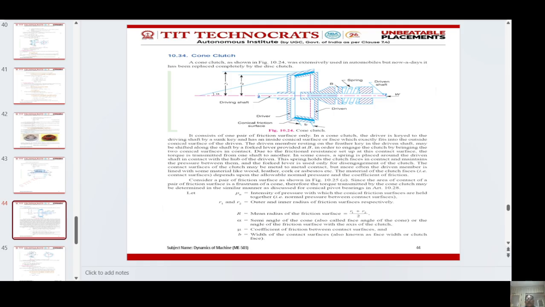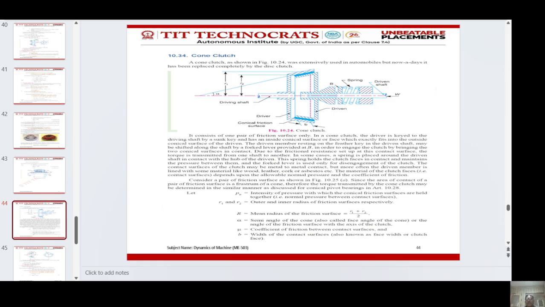The driven member resting on the feather key in the driven shaft may be shifted along the shaft by a fork lever provided at B in order to engage the clutch by bringing the two conical surfaces in contact.